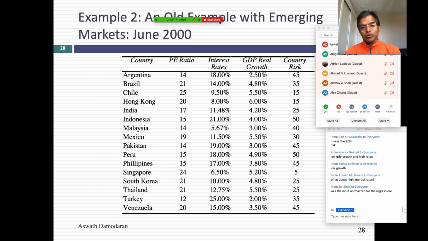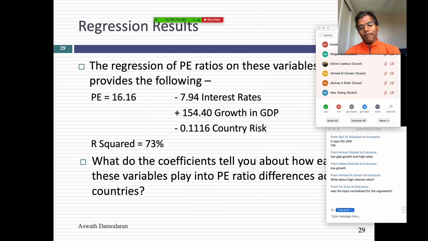I went back to the previous page. I have the interest rates, growth, and country risk for each country, right? I plug those numbers into the regression. So if I take Argentina and I plug in Argentina's interest rate, Argentina's growth in GDP, Argentina's country risk, I come up with the PE ratio. Was the input normalized? No, I just took the actual PE ratio. So there's nothing to normalize here because you're trying to predict the actual PE.